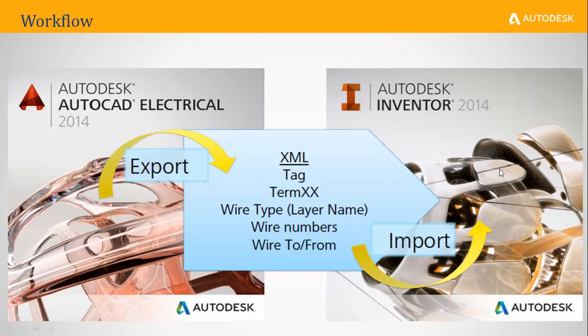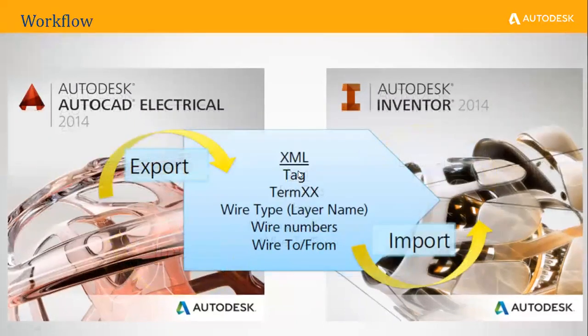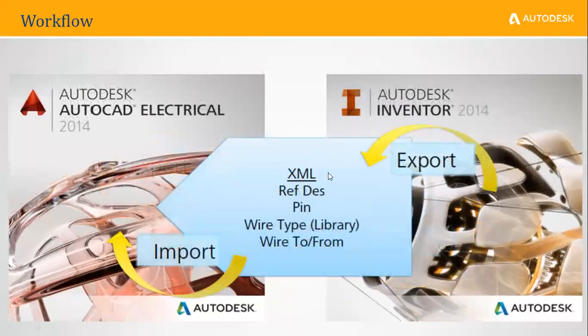The vice versa also works when you want to export from Inventor to Electrical. You will export that as XML format again. Where we have seen tag, instead of tag we will export that as a reference designator, pin connections and wire type. These are the things we use to export to Electrical.